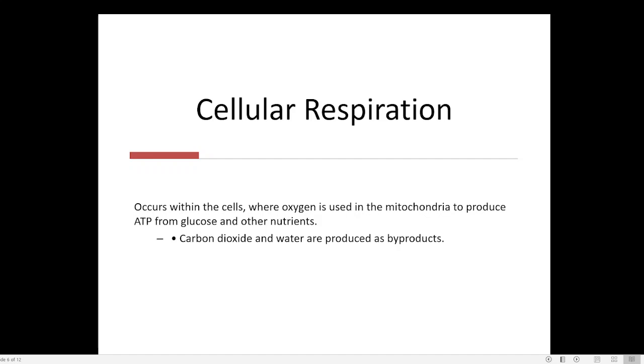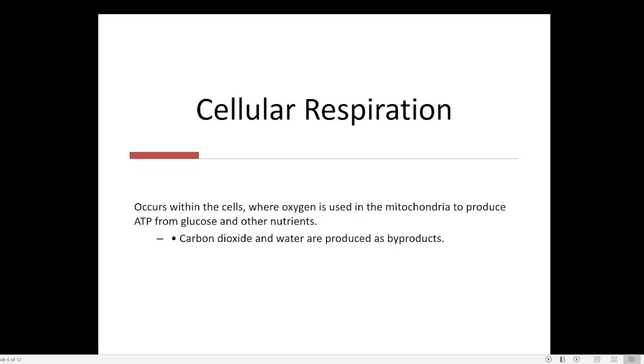This takes place at the level of cells, where oxygen is used in the mitochondria to produce ATP from glucose and nutrients. So formation of ATP comes under the term cellular respiration, and during this process we get carbon dioxide and water as byproducts.